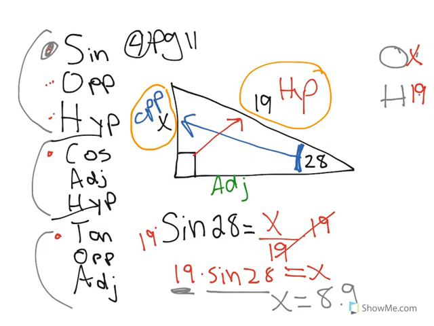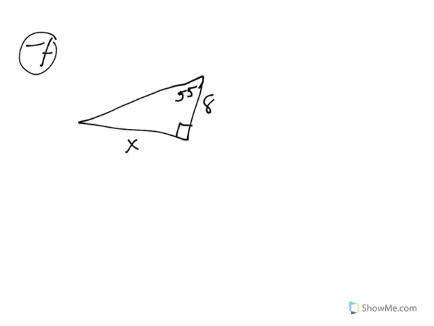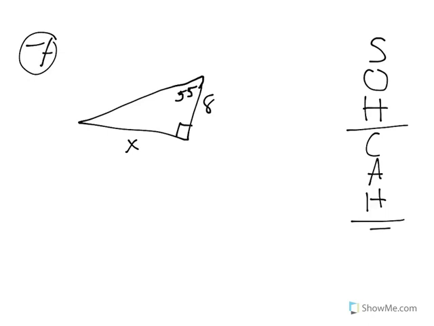Okay, so let's look at number 7. Here's your picture for number 7. I want to make sure I have my acronym, SOHCAHTOA, ready to look at. You should put this down the side of all of your papers. So we're going to label our sides.